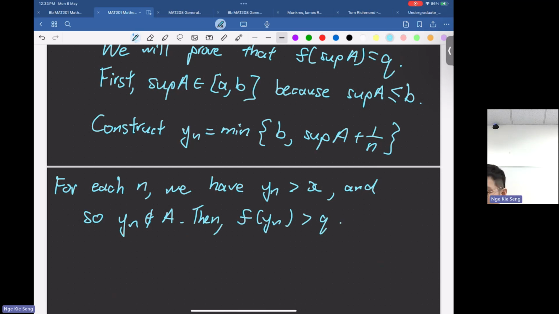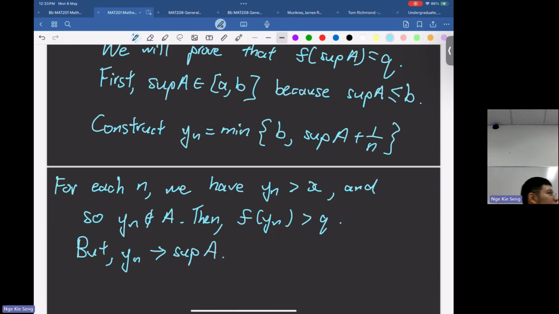But we know that this y_n should converge to sup A. This is by construction, because it's sup A plus 1 over n.